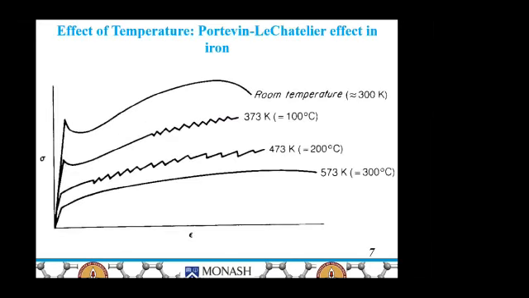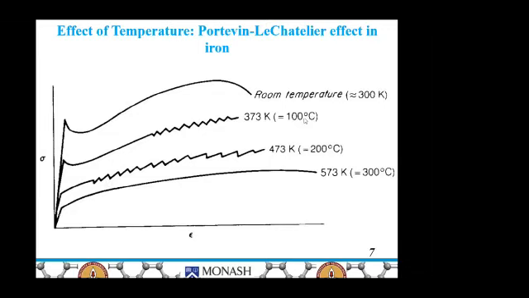Now the effect of temperature, also called the Portevin-Le Chatelier effect. It's a French name. So we are going to discuss the Portevin-Le Chatelier effect in iron. This is stress versus strain. At room temperature, we have this normal behavior. But if we heat the sample to 100 degrees centigrade, there is a formation of serrations, and this is because of the locking and unlocking of the Cottrell atmosphere.